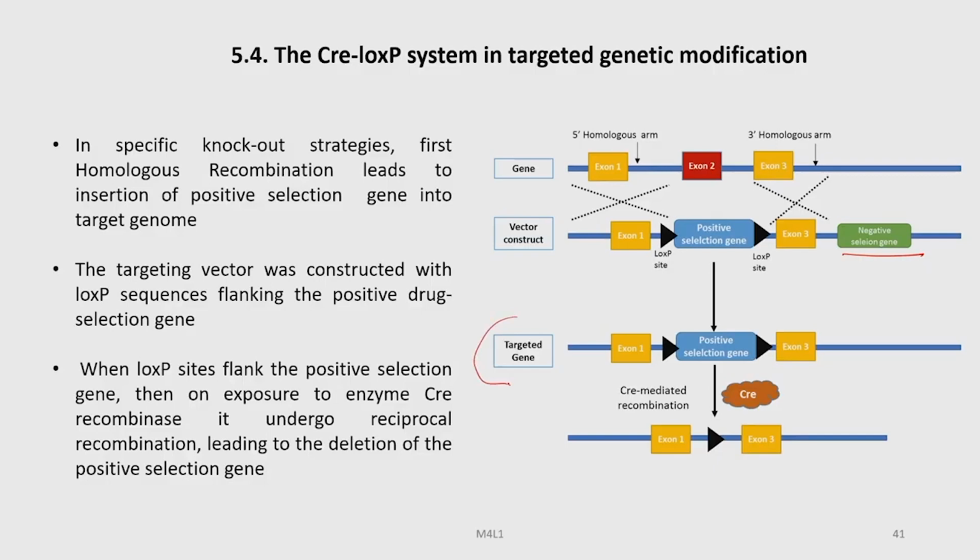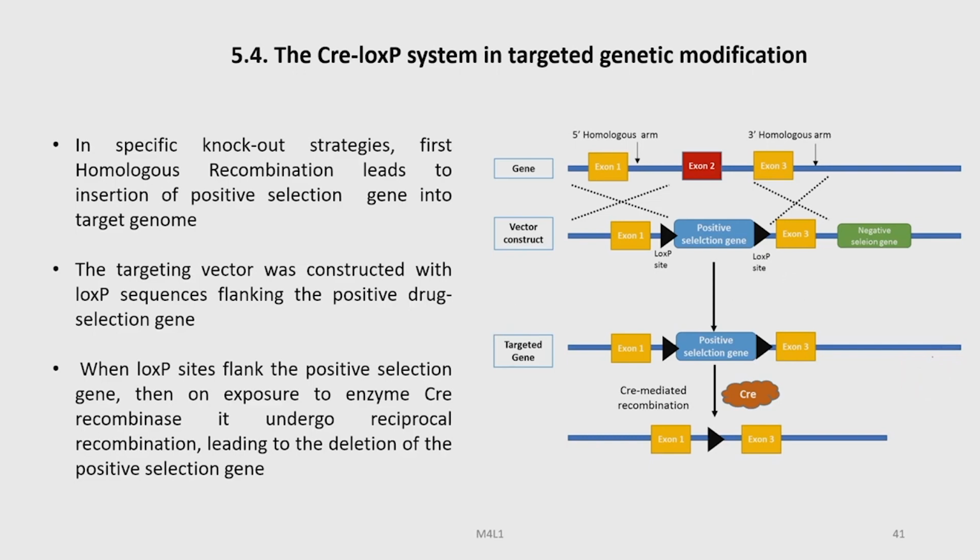So, here we can see this is the targeted gene. So, this positive selection gene is now being inserted in this targeted gene. This is the first homologous recombination occurring at this stage.